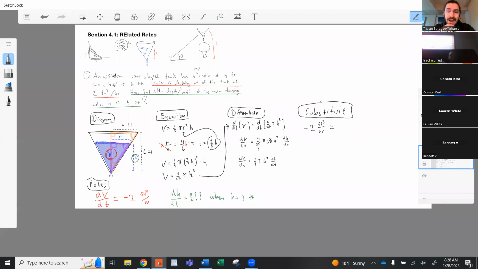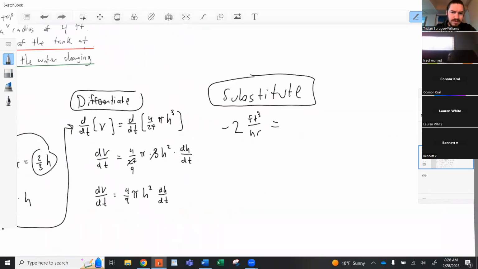And then on the right-hand side of the equation, we know when h equals 3 feet. That was identifying a moment in time, and now we can substitute that in. So we have 4/9 pi, and then 3 feet squared times dh over dt.